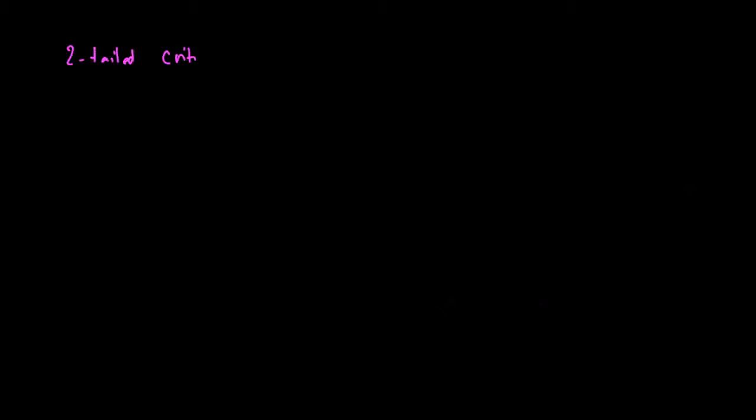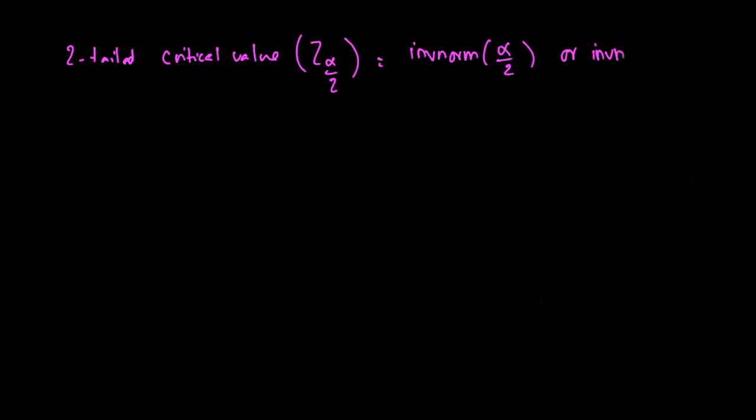The two-tailed critical value is Z alpha over 2, that is the notation. You can find this using a calculator using inverse norm of alpha over 2 or inverse norm of 1 minus alpha over 2.